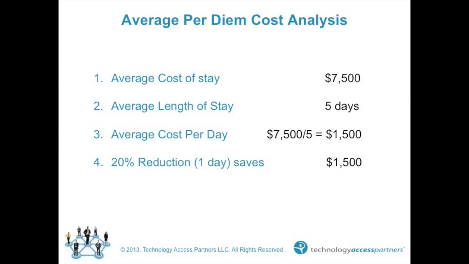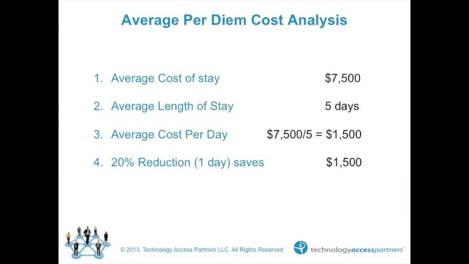They then do the same thing with the length of stay. So they total up all of the lengths of stay for all the patients for that particular procedure, and then they divide it by the number of patients, the number of discharges, and they come up with the average length of stay. In this case, let's say the average length of stay was 5 days. So how do we come up with the average cost per day or the average per diem cost? Well, we divide $7,500 by 5, and it gives us $1,500 a day.